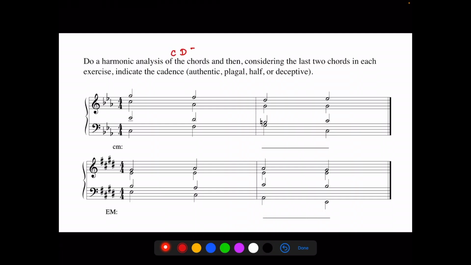C, D, E flat, F, G, A flat, and then B and C, because we're using the harmonic minor here.